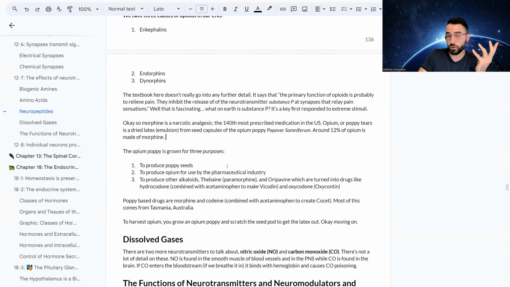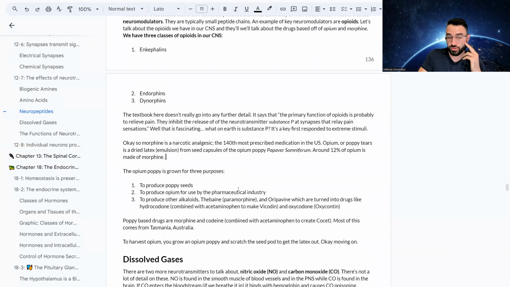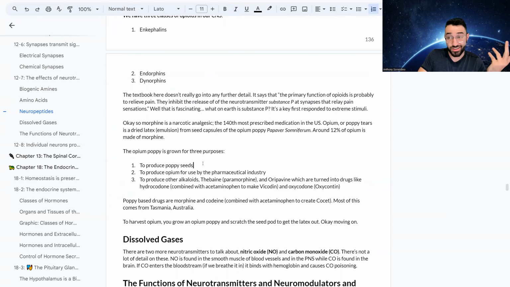This is totally not in the book, by the way. This is just something I thought was interesting. You can produce poppy seeds, like on your bagels, produce opium for use by the pharmaceutical industry. I mean, what a difference in uses for the same thing. It's crazy.